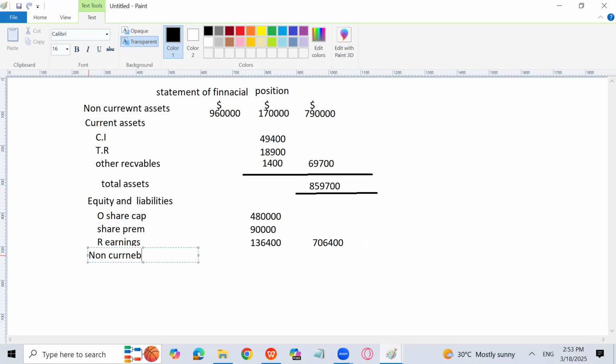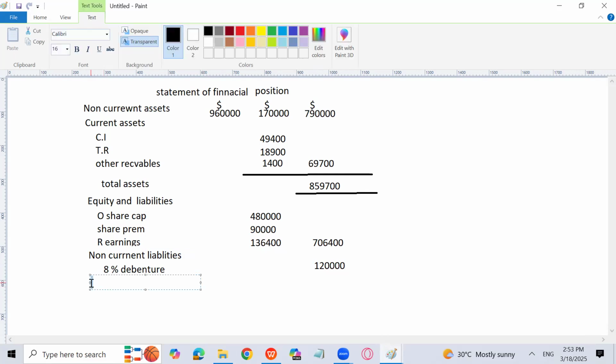Now you have to write the current liabilities. Sorry, spelling has gone wrong, no problem. So among the liabilities, I have to go for the 8% debentures, because debenture is going to be our most important non-current liability, and the amount of debenture given in the question is 1,20,000.